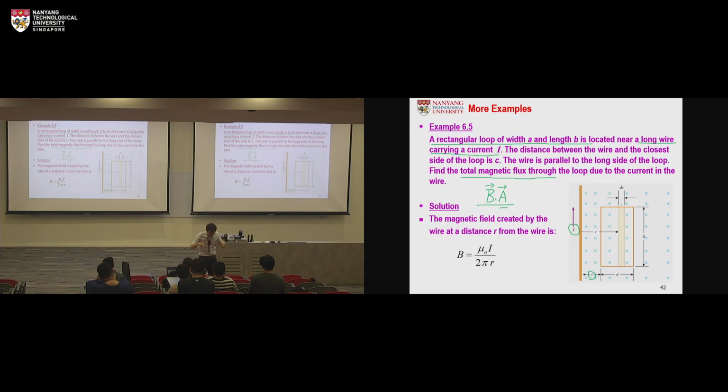First of all, the magnitude of this vector A is just the area of this loop, which in this case is A times B, a rectangular loop, right? Then how about its direction? Is this direction constant? Yes, right? We are just talking about a two-dimensional loop.